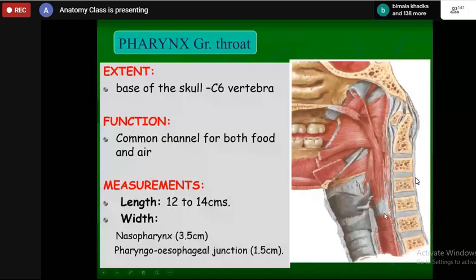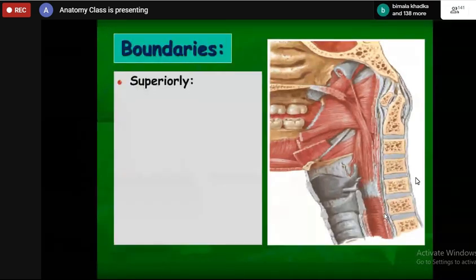Now when we talk about the boundaries, superiorly, just see what is there. Can you see this one? The cavity over here is known as the sphenoidal sinus. The sphenoidal sinus is present in the bone known as the body of the sphenoid. Now superiorly, we have the body of the sphenoid. Can you see the mark over here?